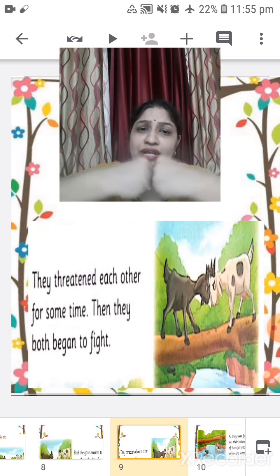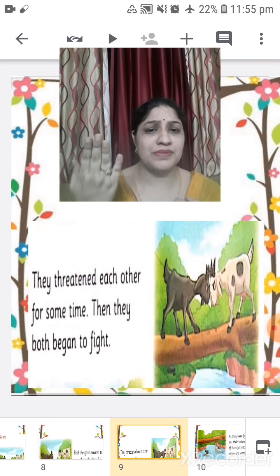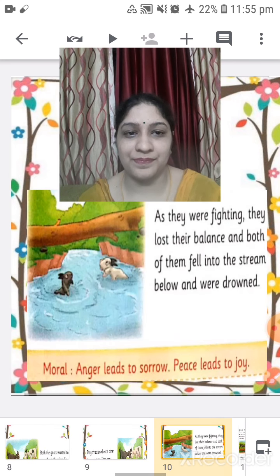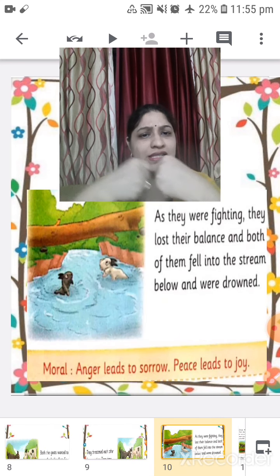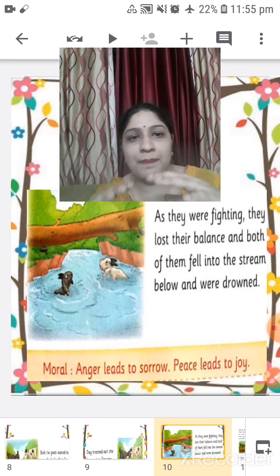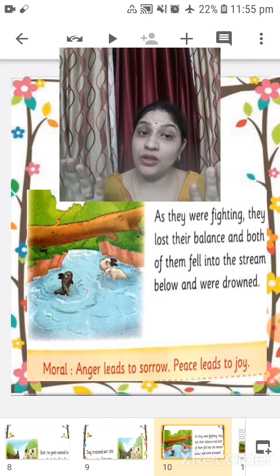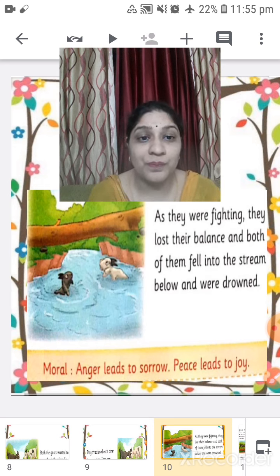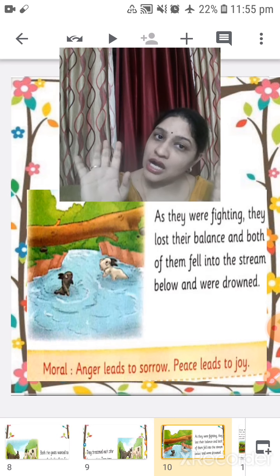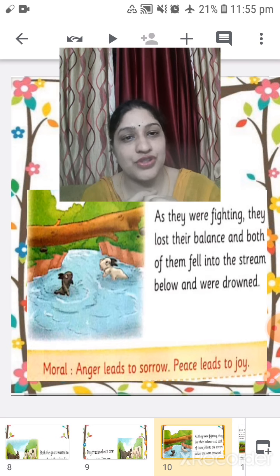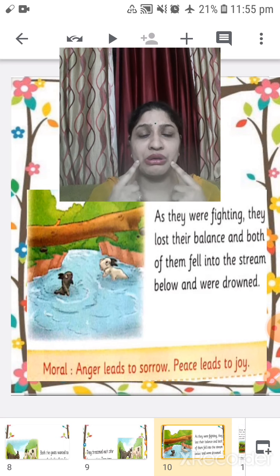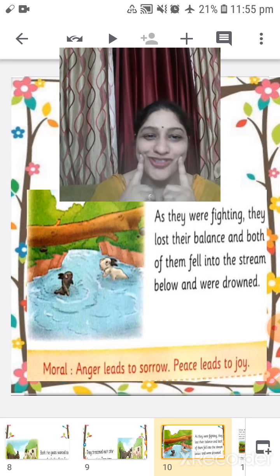They threatened each other for some time and they both began to fight. As they were fighting, they lost their balance and both of them fell into the stream below and were drowned. Moral of the story is, anger leads to sorrow and peace leads to joy.